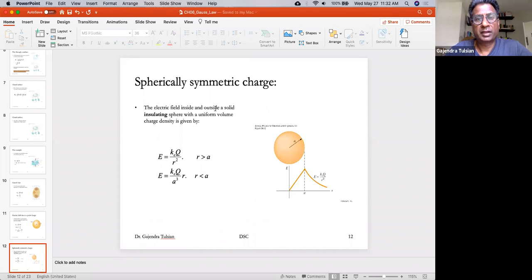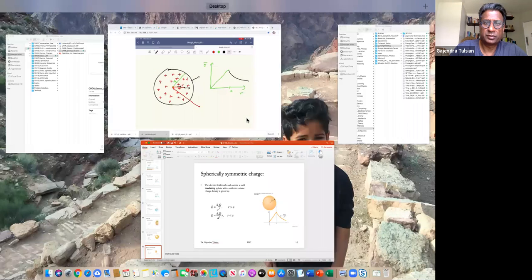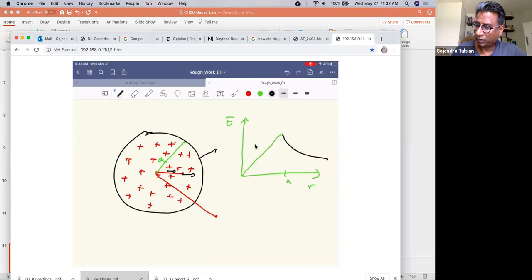So the electric field inside and outside a solid insulating sphere with a uniform charge density is given by that. The reason we say insulating is, if this was a copper ball, and you'll see this in a little bit, if it was a conducting ball, all of the charge would reside on the surface. So this can only happen for an insulating styrofoam ball or something like that.